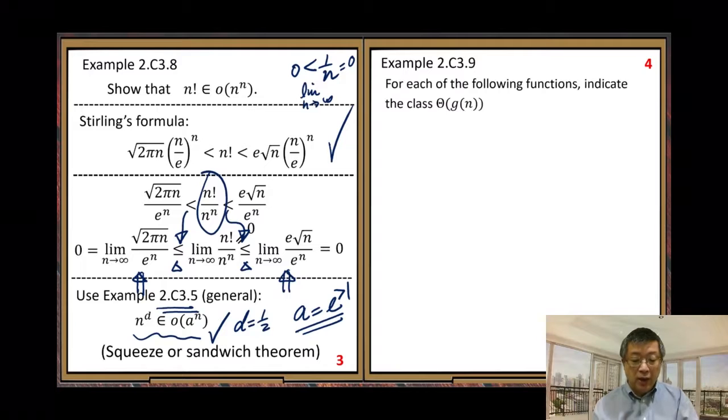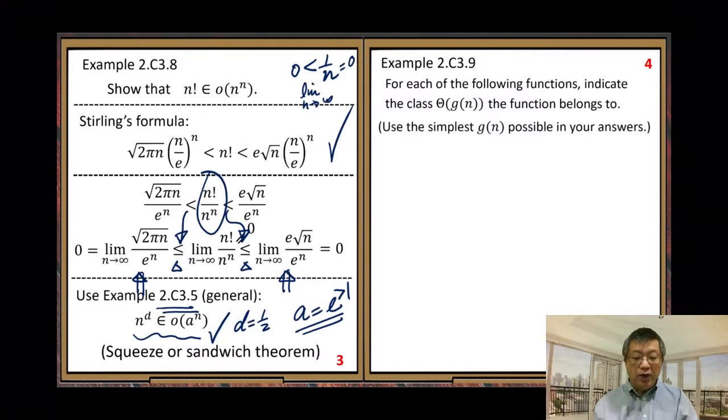For the following given functions, we want to indicate the class big theta of g of n that each function belongs to. For g of n, we want to use the simplest g of n to represent the big theta notation.